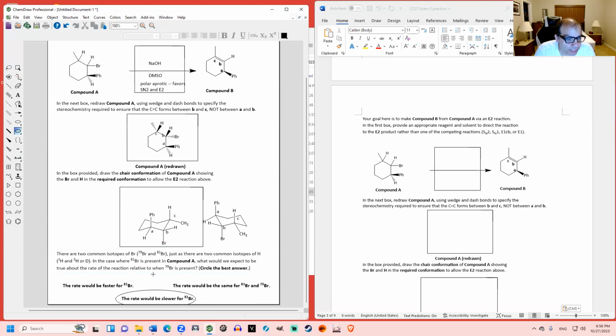I think that's the best answer. Good. So yeah, you still need to know how to draw cyclohexane chairs. You might have to on this exam. This question was perfectly fair game.